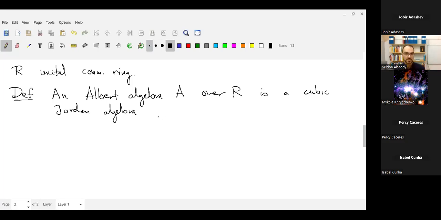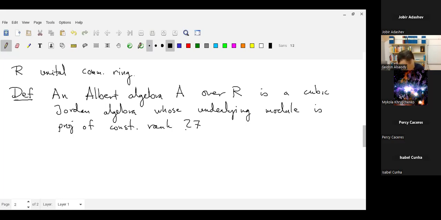It's a module with some Jordan multiplication, or Jordan operation, whose underlying module is projective of constant rank 27, and such that if I tensor this algebra with a field over R, I get a simple Jordan algebra.